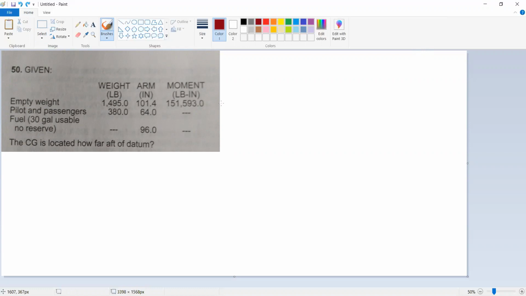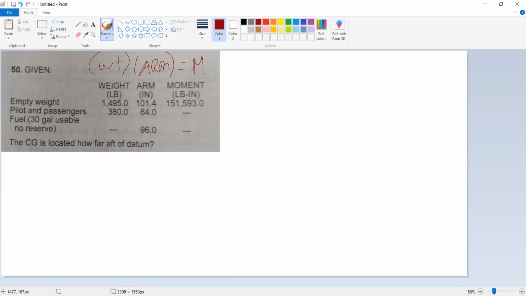So we have 380. Basically, we are multiplying the weight times the arm, right? And that will give us the moments. So that's the first thing we have to do.